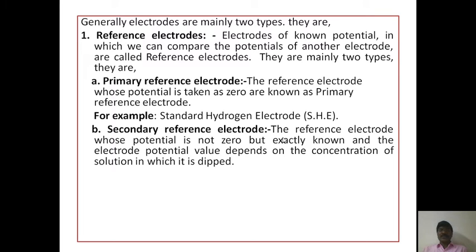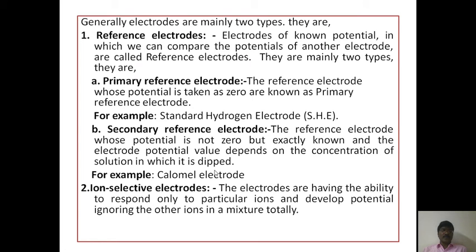Secondary reference electrode: the reference electrode whose potential is not 0 but exactly known, and the electrode potential value depends on the concentration of the solution in which it is dipped. That is a secondary reference electrode. For example, the calomel electrode, mercurous chloride. Next, the second type, ion selective electrodes.